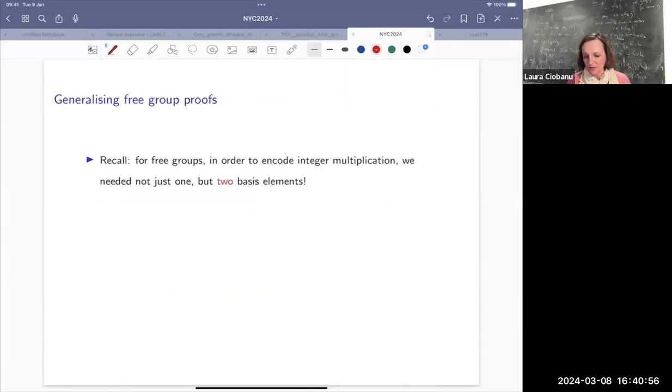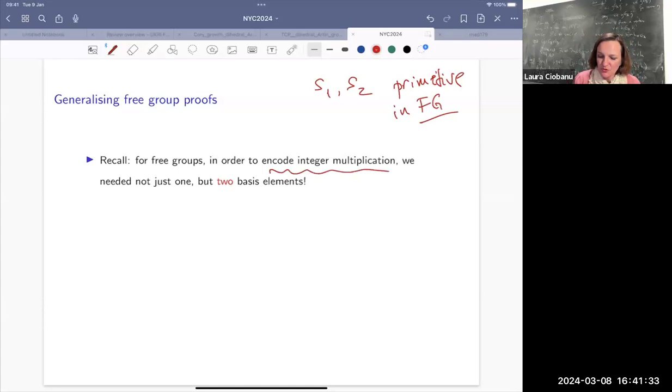So that is part 1 of being careful with the exponent sums. Part 2, which I didn't have time to get into: when I was trying to find multiplication of integers in my free group, I had to play with two elements, S1 and S2, that were primitive, or generators in F before. That was really important so that I can encode integer multiplication, right?